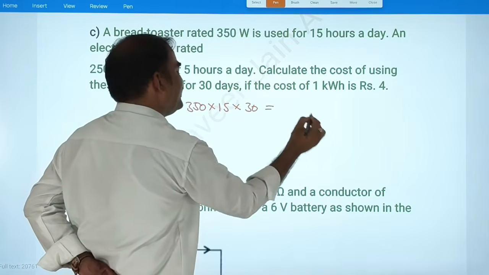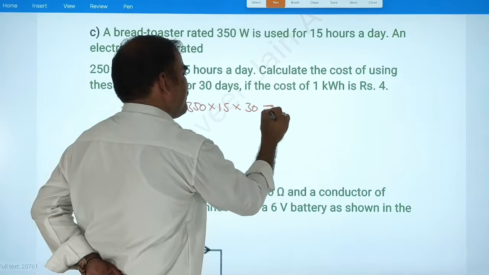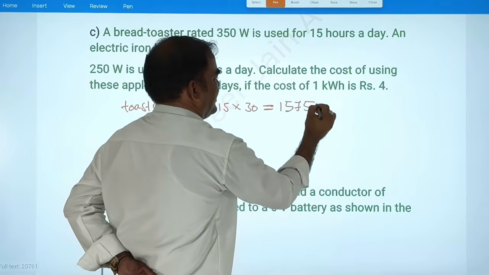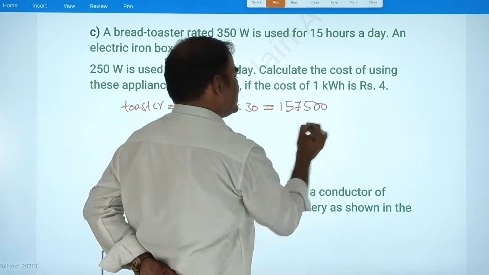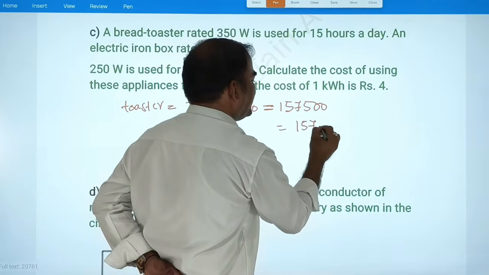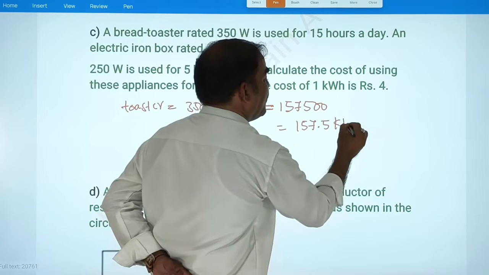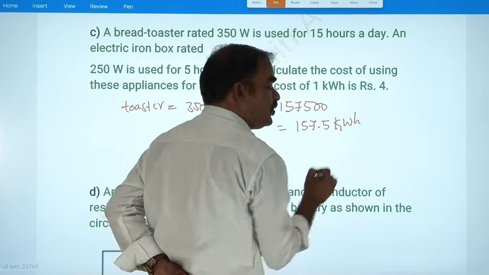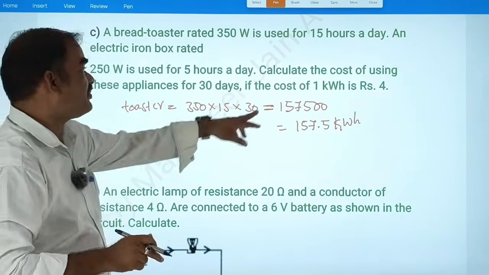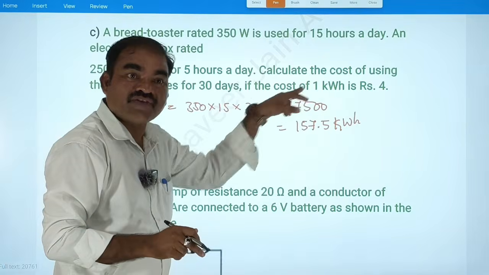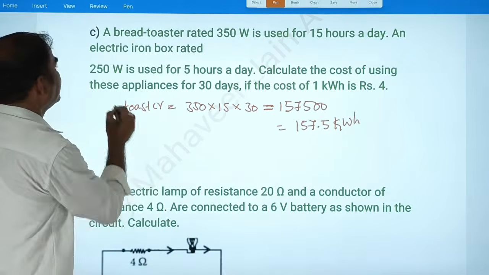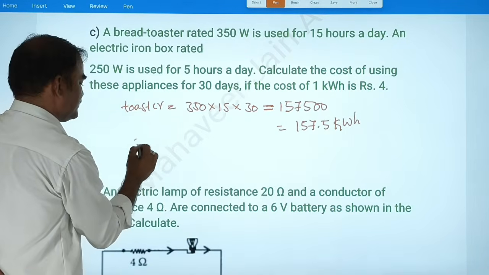We get 157,500 watt hours, which we can write as 157.5 kilowatt hours, because the amount you have to pay is based on kilowatt hours. So we have to convert it to kilowatt hours.